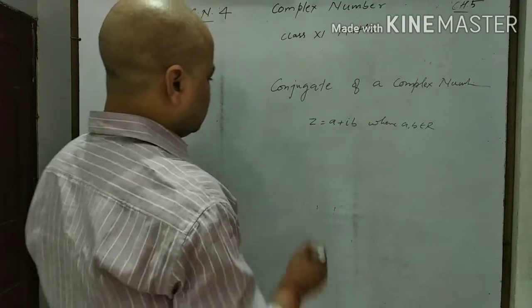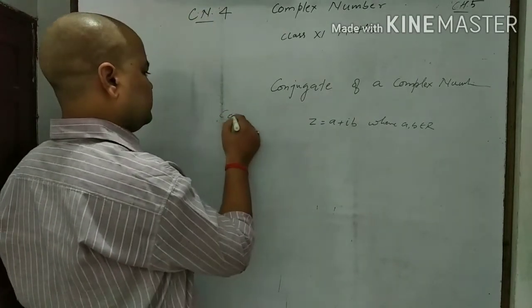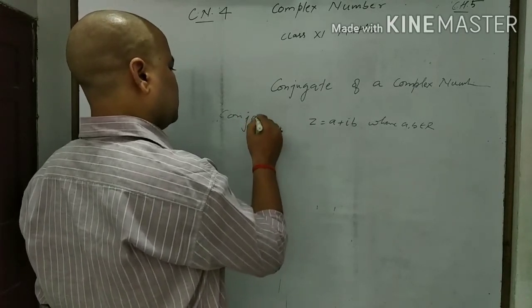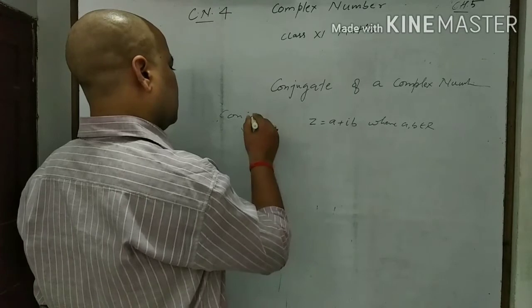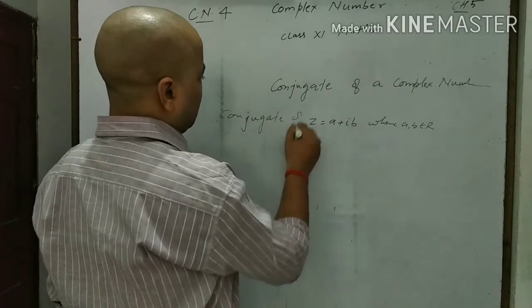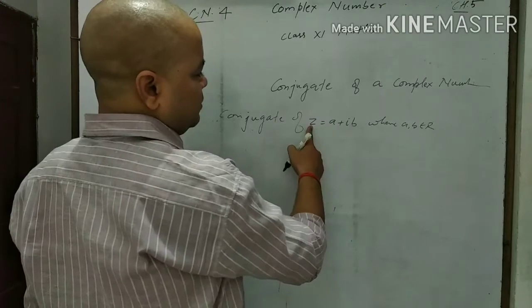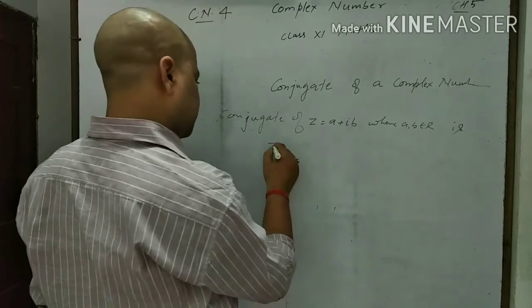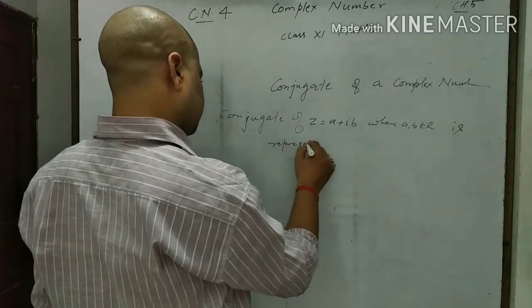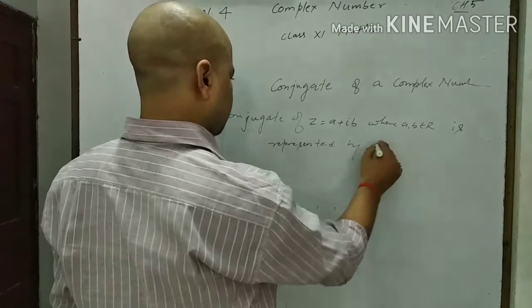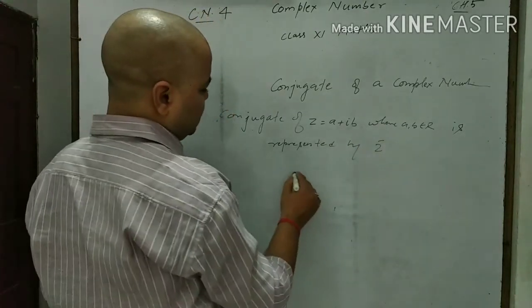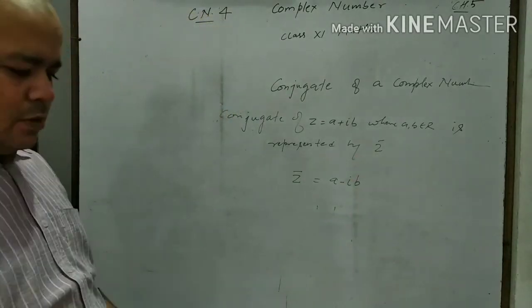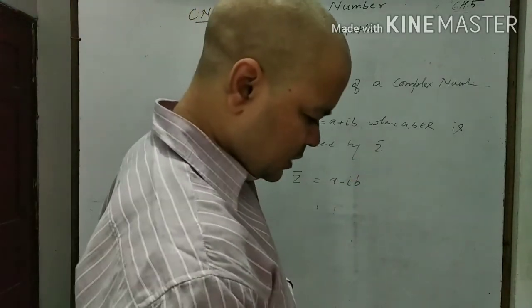So conjugate of complex number z is equal to a plus ib is represented by z bar, and this z bar is equal to a minus ib. Okay, a minus ib.